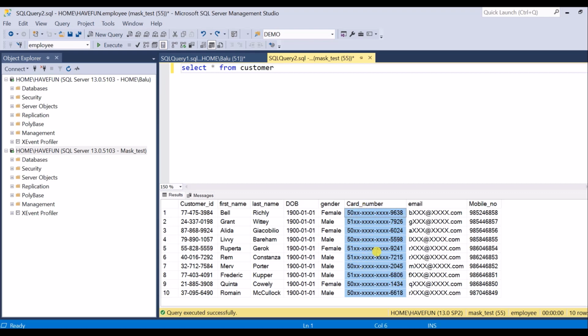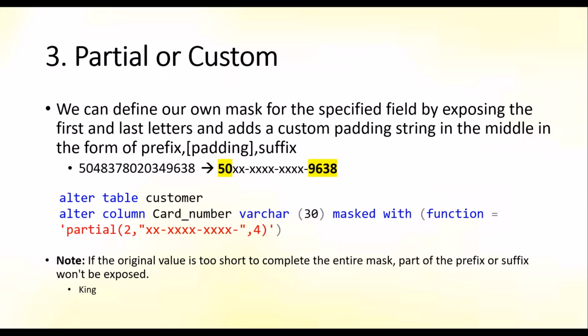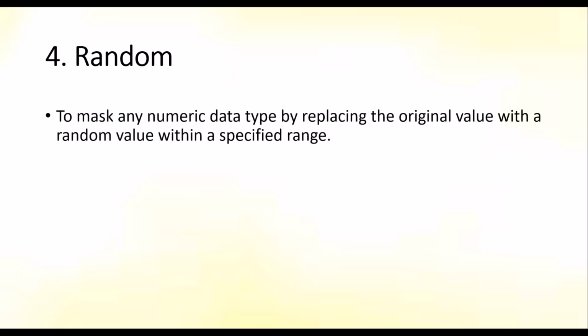Next we'll see the fourth function, which is the random function. This function can be applied to only numeric data types by replacing the original value with a random value within the specified range. Suppose in our table, I don't want to expose the entire mobile number.